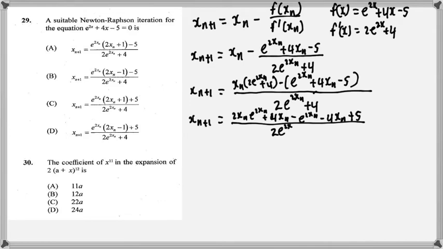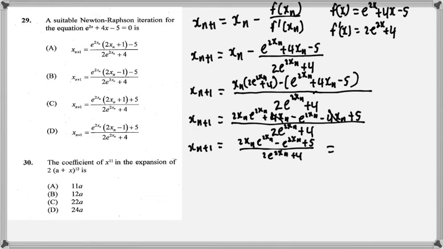Or rather over that. And then what you would notice, this will cancel off with this here, and you would be left with what? 2x subscript n by e to the 2x subscript n minus e to the 2x subscript n plus 5, all on 2 by e to the 2x subscript n plus 4.